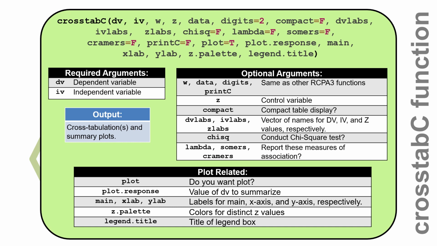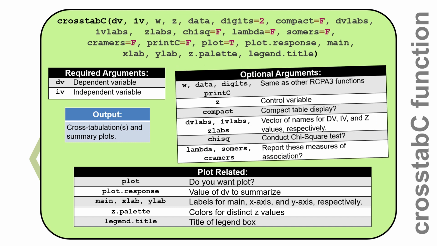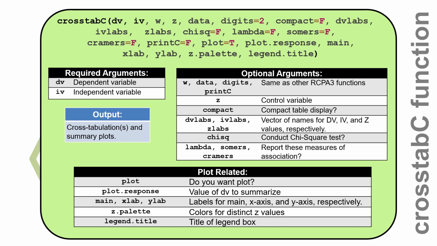The crosstabC function supports a standard set of optional arguments. With crosstabC, you have options to specify observation weights, the dataset name, the number of digits you want to see after decimal points, and whether you want to print the cross-tabulation to an HTML file in your working directory.